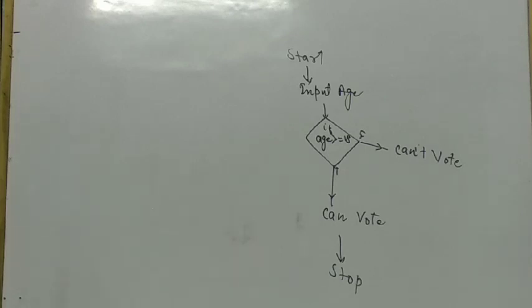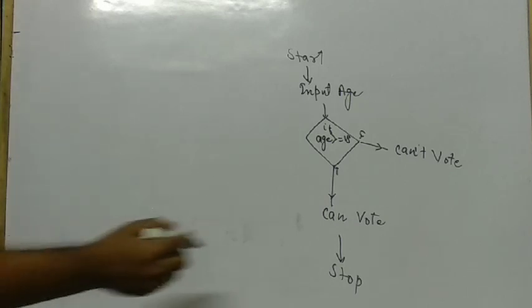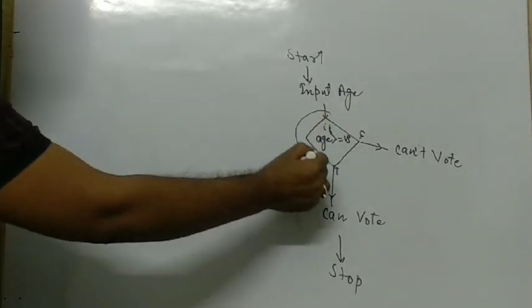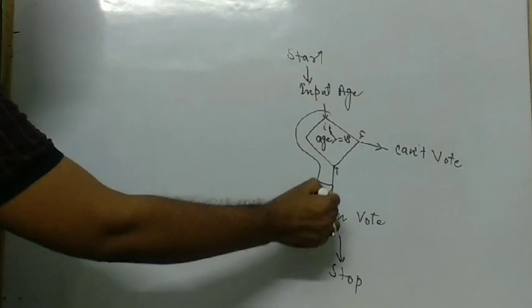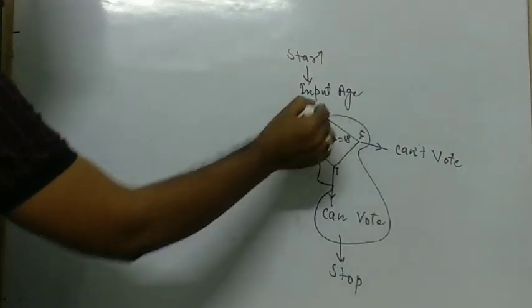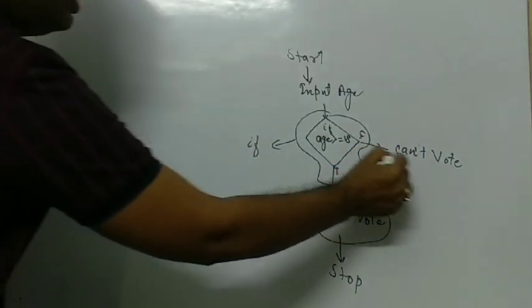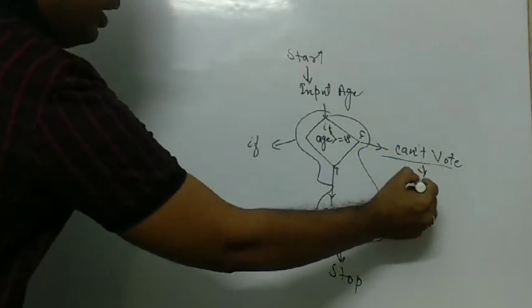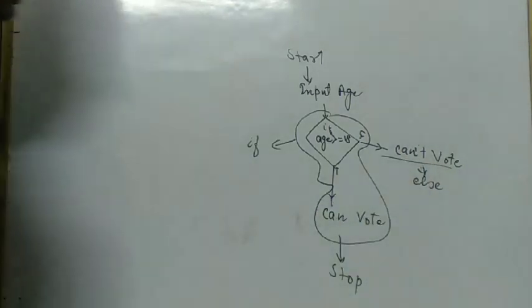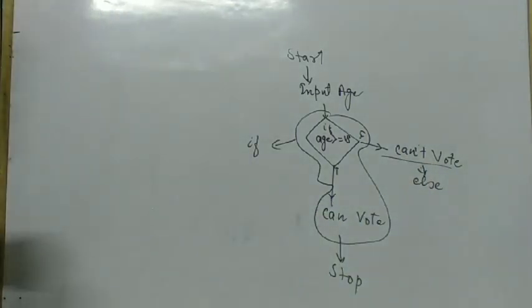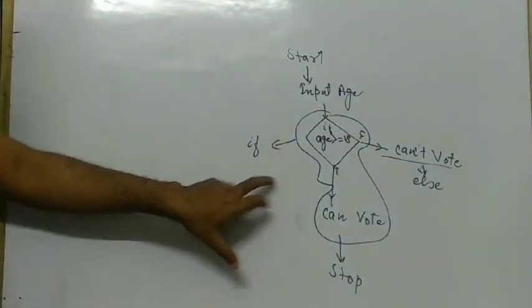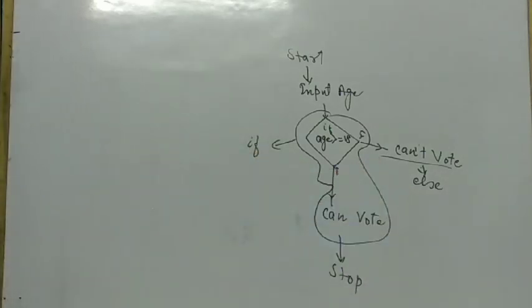So if you write this into the program, this part is the if part and this part is called the else part. Okay, now write this into the program.